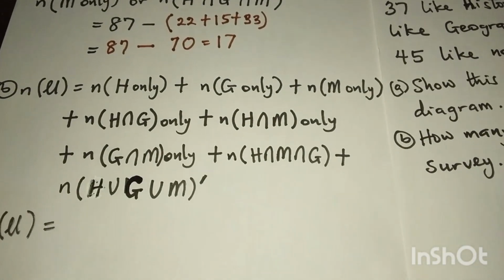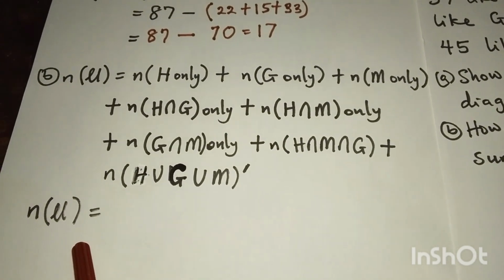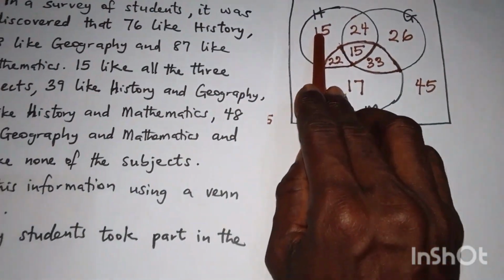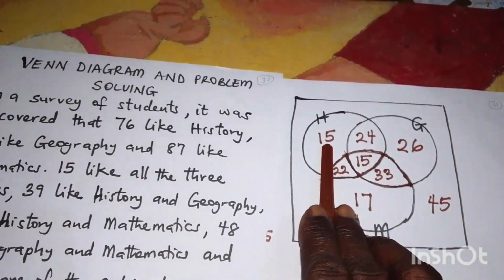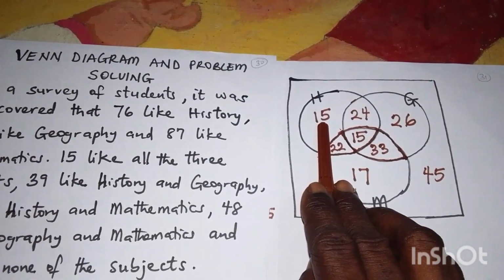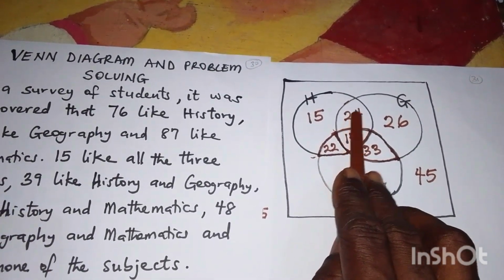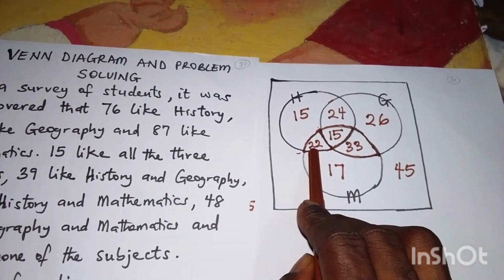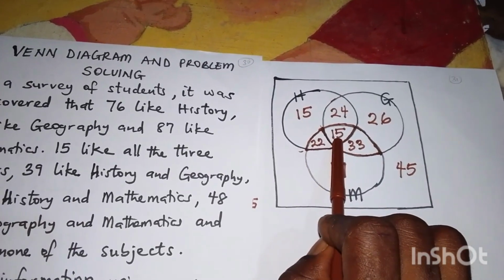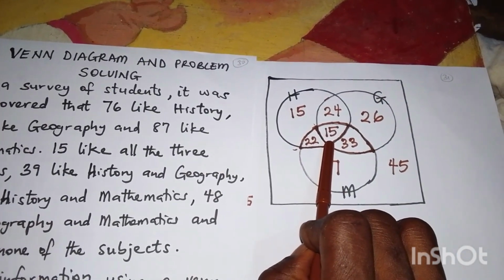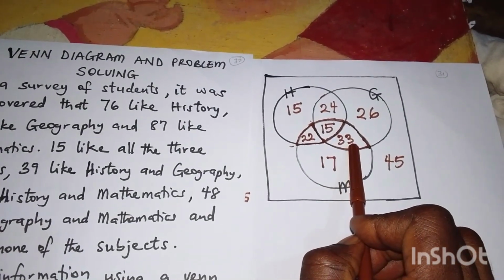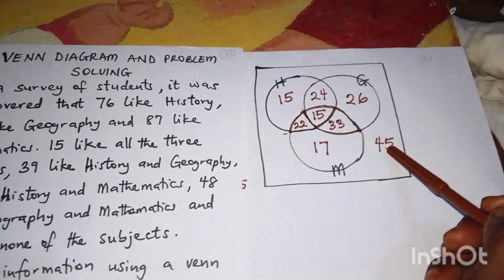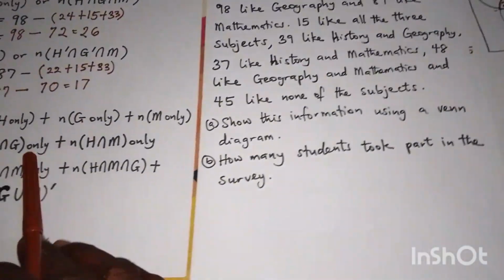To know the total number of students that took part in the survey, it means that you are going to add the students that like history only, those that like history and geography only, those that like geography only, those that like history and mathematics only, those that like history, geography, and mathematics, those that like geography and mathematics only, those that like mathematics only, and those that did not like any of the 3 subjects. So you are going to add everything together.